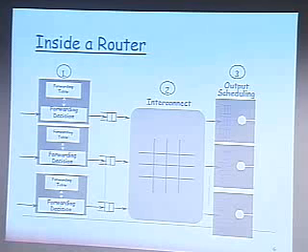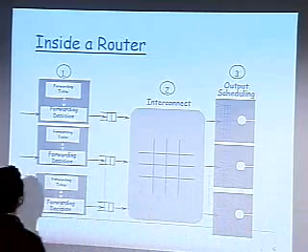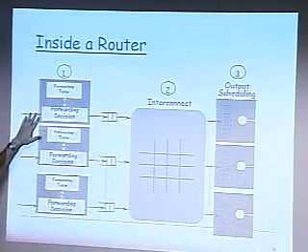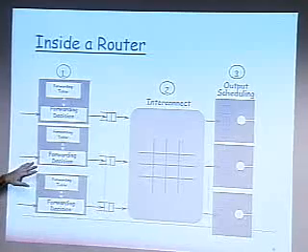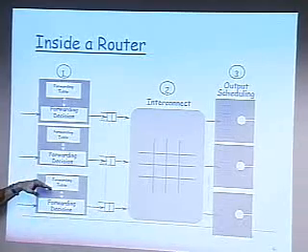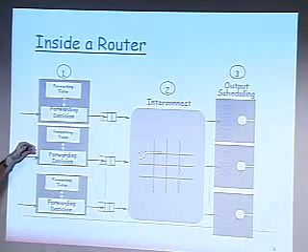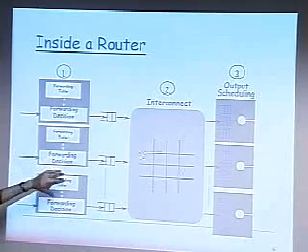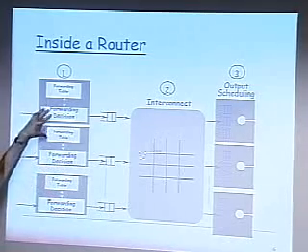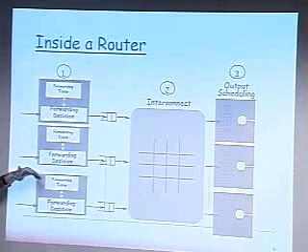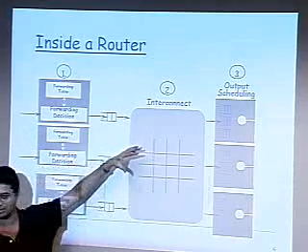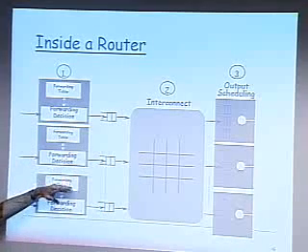Now we'll look at the details of every piece of what's inside a router. If you look at the input ports of a router, you'll see that every port has its own copy of the forwarding table. The forwarding table is common, but it's replicated at each input port, because you don't want every input port to go to some central location, get the forwarding table information, and then make the forwarding decision.